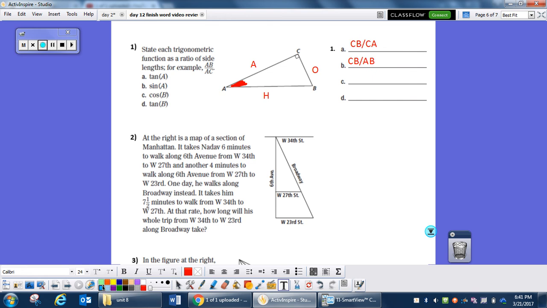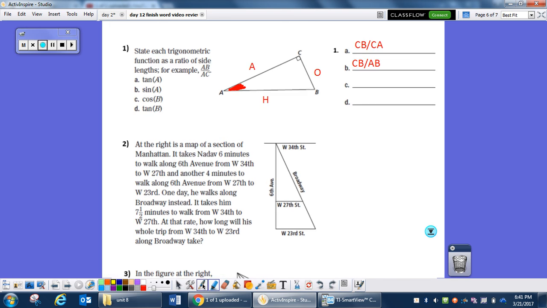Now I'm going to switch colors, so you can either switch colors or erase. If I'm looking now at angle B, I'm going to do that in blue. You can see the pen does not work well at all. So in reference to angle B, CA is now O, and CB is now A, and the hypotenuse has not changed.